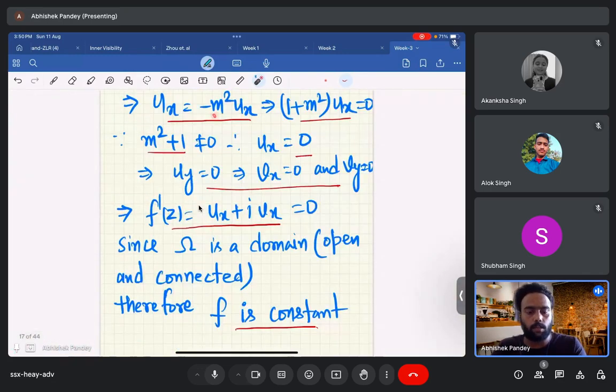Minus m squared u_x, isn't it? So this is (1 + m squared) times u_x.